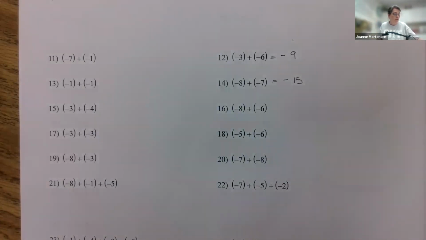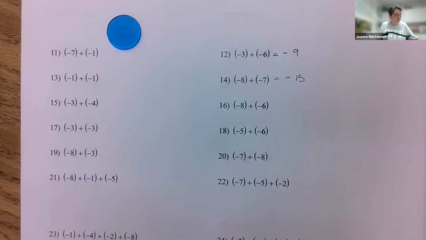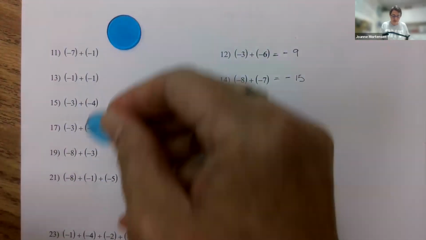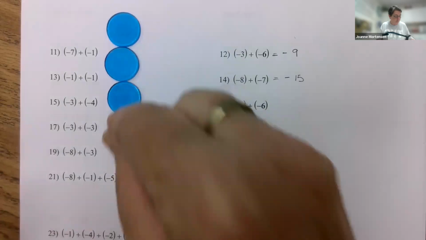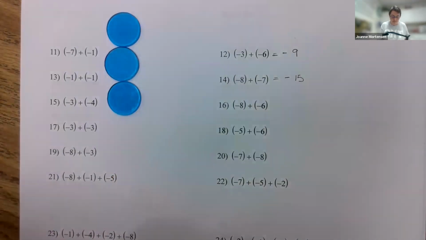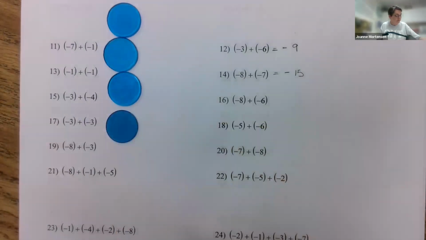Okay, so to help you remember, because I think if you remember the deep down stuff, the real basics, there's not that many rules. So I'm using blue to represent my negatives. Oh, that's only 4.